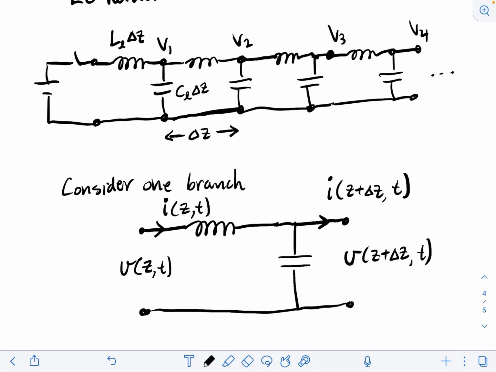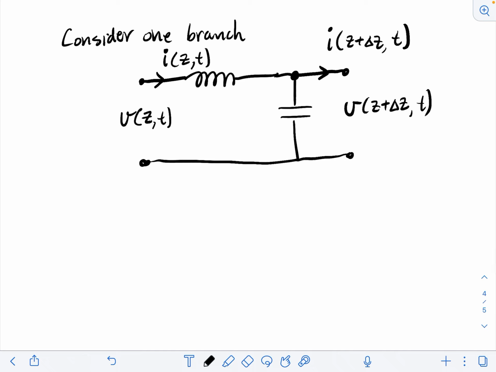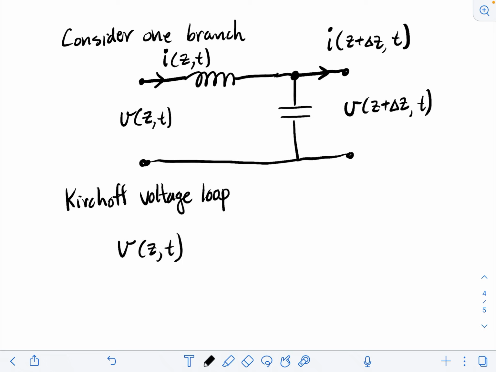Okay. So what we're going to do, first of all, is a Kirchhoff voltage loop analysis. So we'll start here on the right-hand side where the voltage is V of z, t. And then let's do a clockwise loop. So I'm imagining we start here and then we do a bit of a loop. And so we'll cross this inductor.